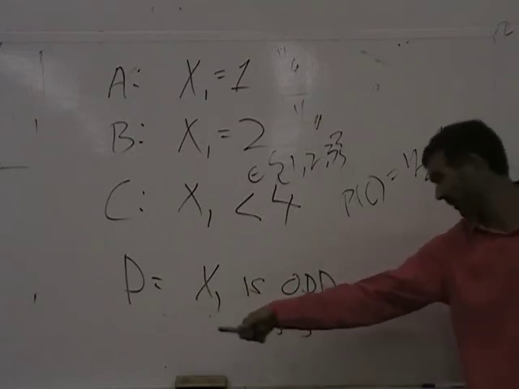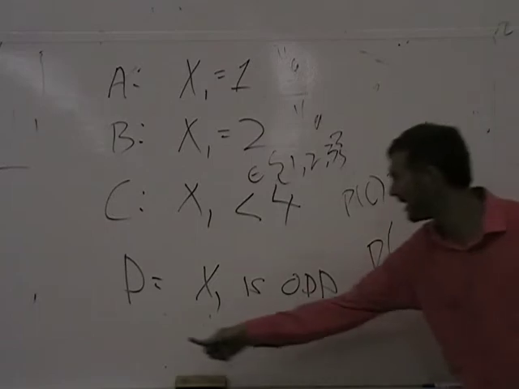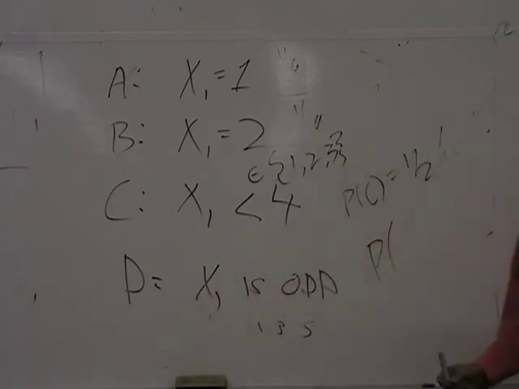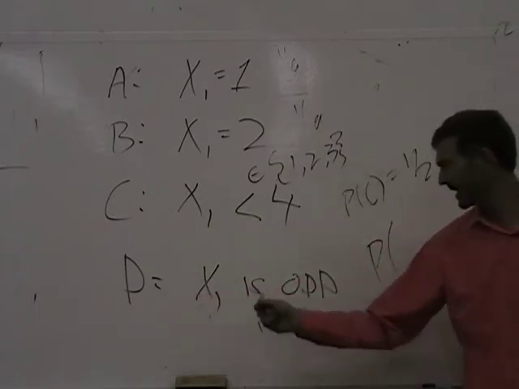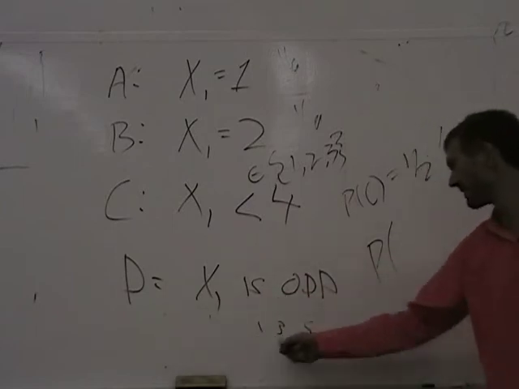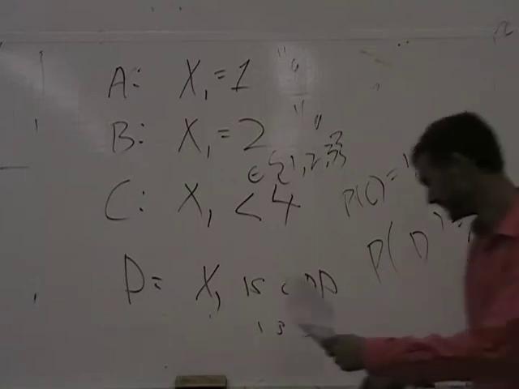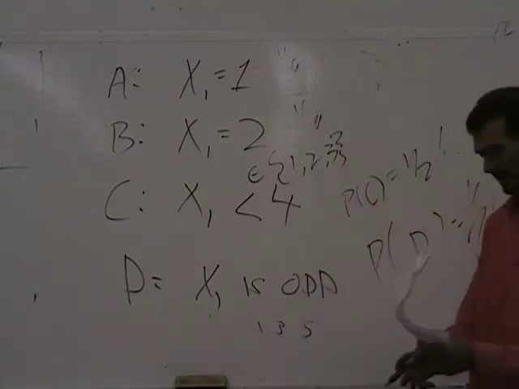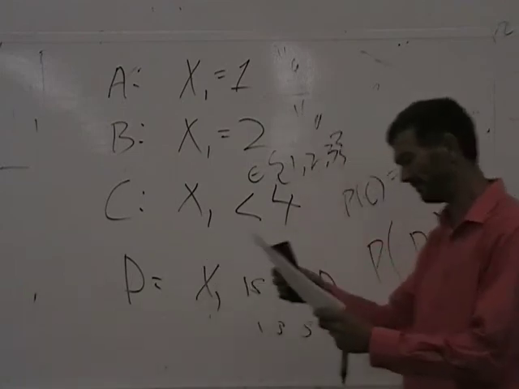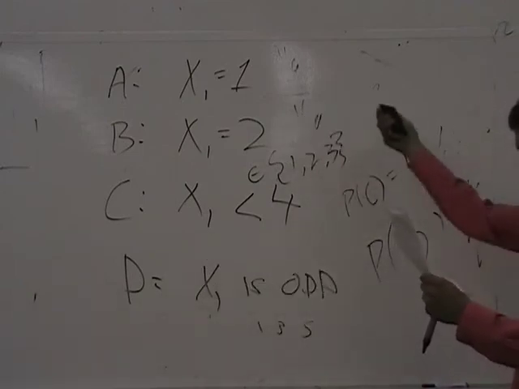The same is true for event D. The probability of event D is the probability of an odd number, a 1, a 3, or a 5. They're all equally likely. It's half the space. Probability of D equals 1/2. I'm relying on that being obvious.